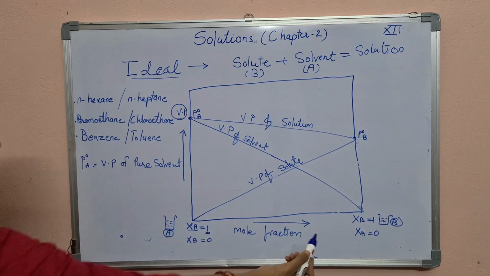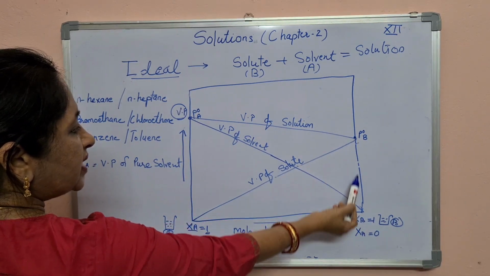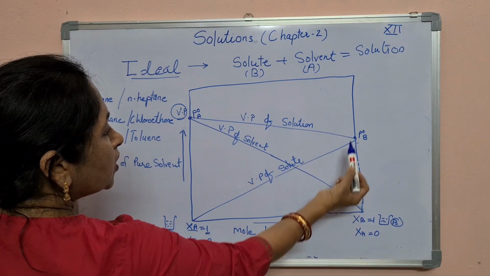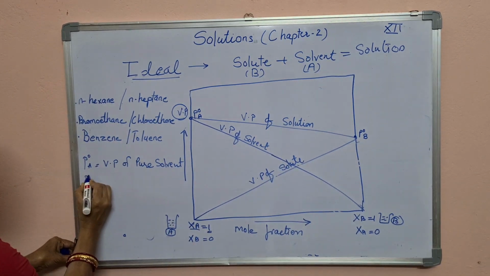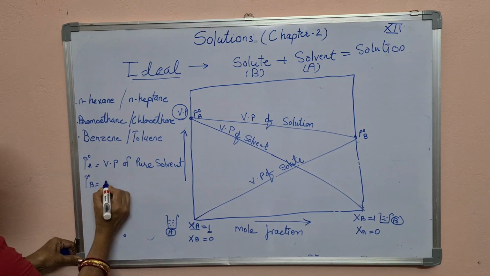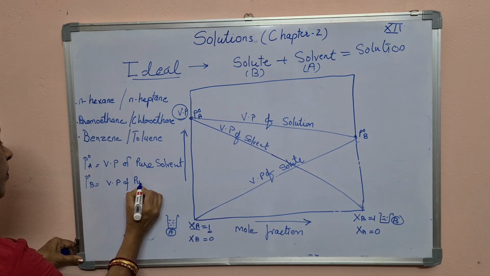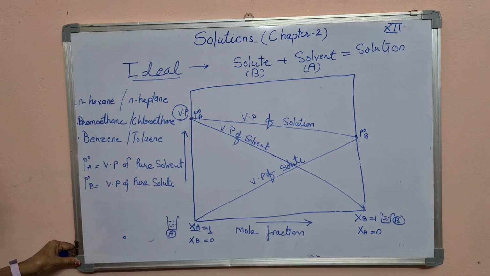Now this side XB equals 1 means whatever the pressure this side, it is only because of solute, not because of the solvent. So that is why it is mentioned P naught B, the vapor pressure of pure solute.